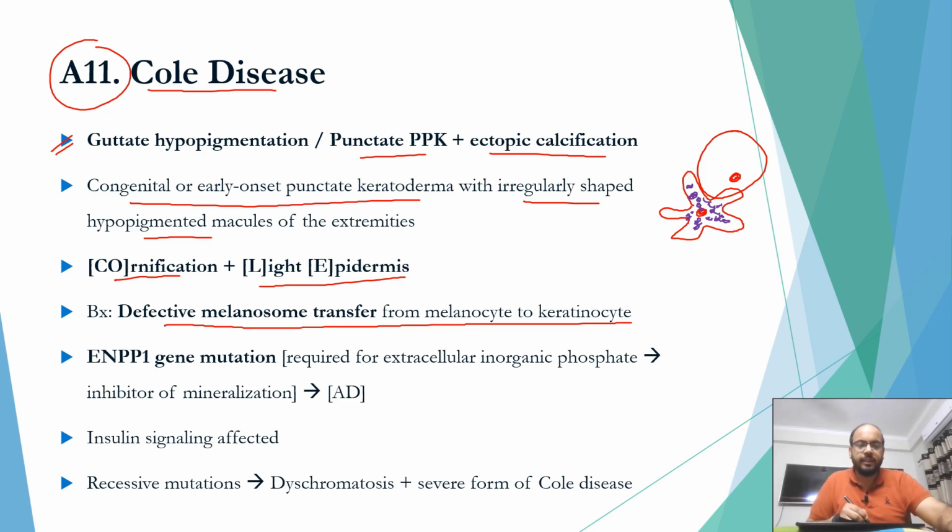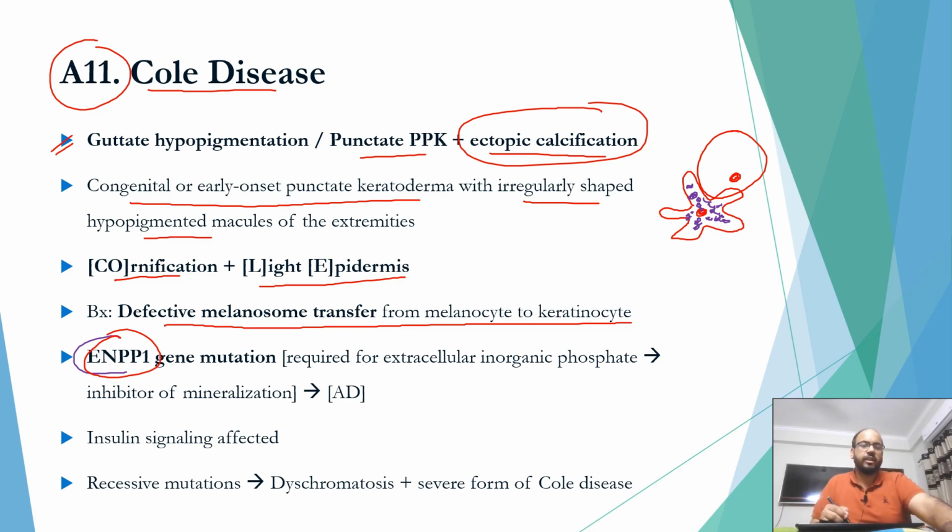In Cole disease the mutation lies in the ENPP1 gene, and it is required for extracellular inorganic pyrophosphate, which is an inhibitor of mineralization. So when this is not formed, you have increased mineralization and increased extracellular calcium, and that is why you have ectopic calcification in this disorder.